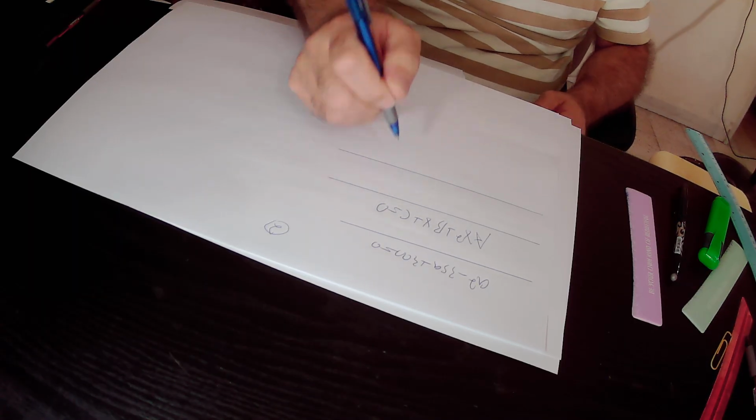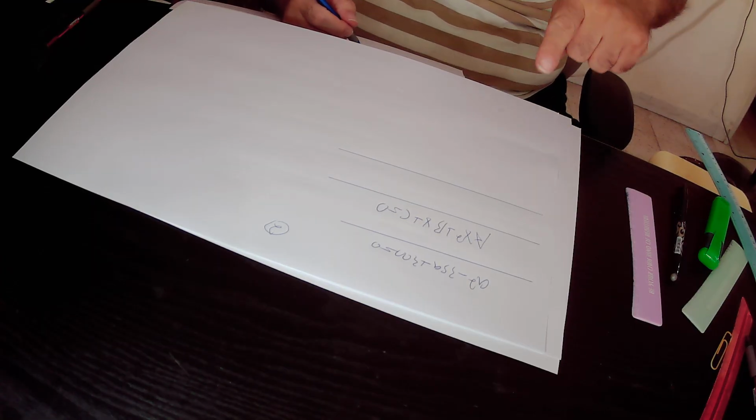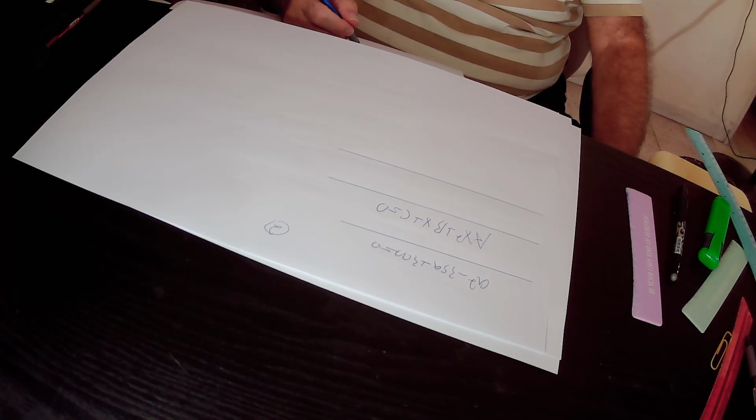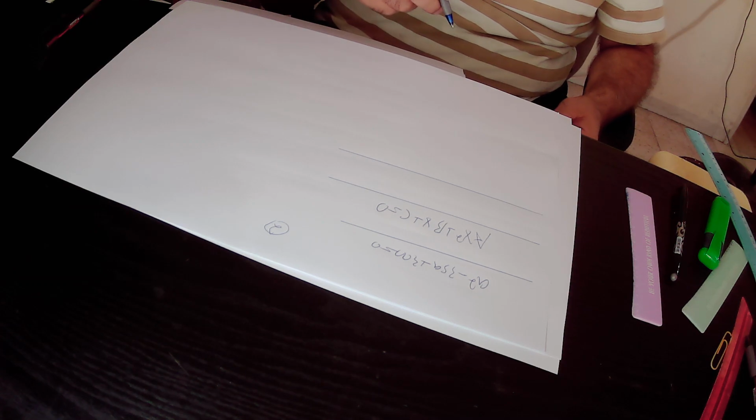This is the general formula. a, b, and c are the coefficients of this quadratic equation, and x is the variable that we are looking for. And we find the value of x according to the following general formula.